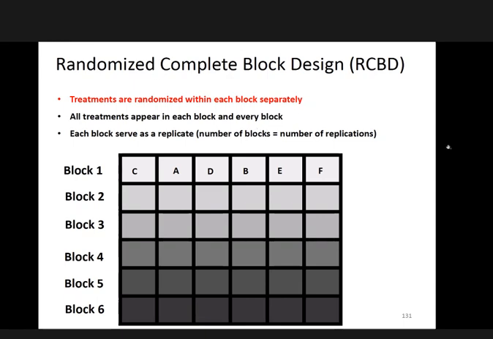Let me see. I need to ask somebody. Ayo, what is a replicate? Replicate means, is it only applied 3 times? What about 2 times?